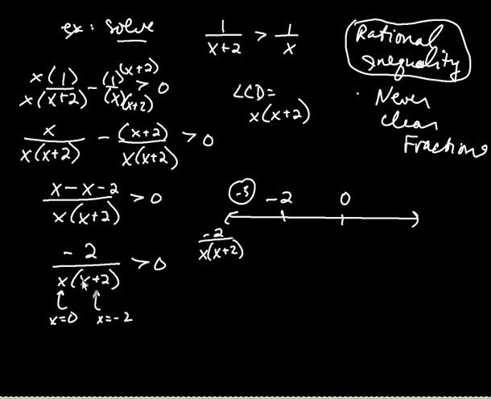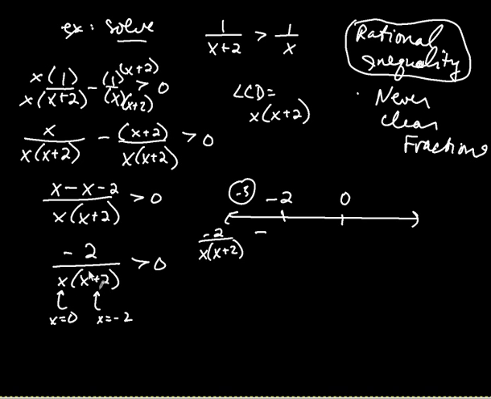With a -3 here, it's negative, and -3 plus 2 is -1, and -3 times -1 is positive, but this makes it negative. Why? Because a negative divided by a positive is going to be a negative. And now you see why we are getting the left-hand side to be a product or a quotient, right? Because you know the sign of the left-hand side simply by knowing the sign of the factors.